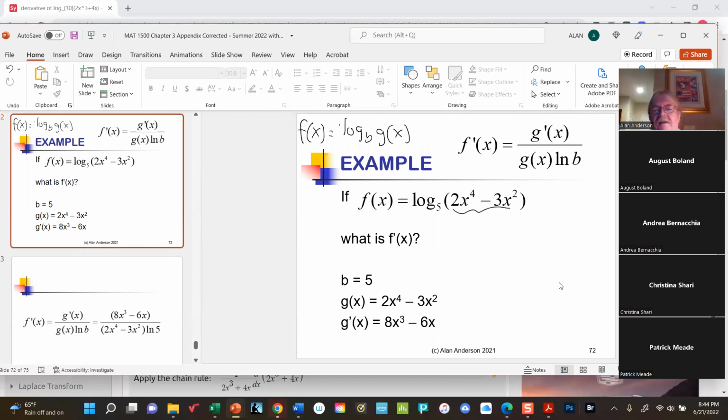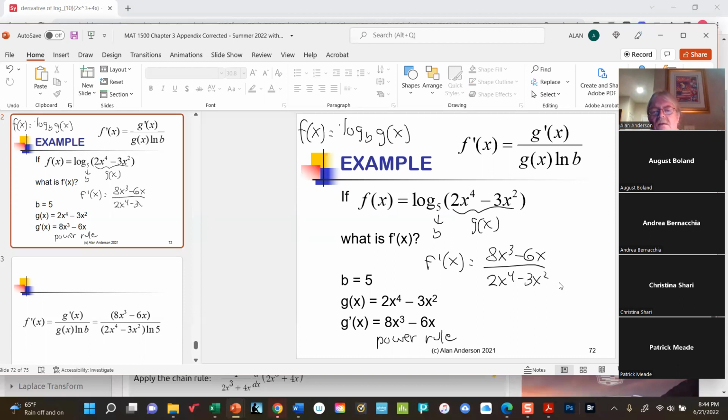So this is our g of x. This is our base. Okay, so base is 5. G of x is 2x to the fourth minus 3x squared. Based on the power rule, g prime of x must be 8x cubed minus 3x. So we can just use this rule right here. We'll have 8x cubed minus 6x over 2x to the fourth minus 3x squared.